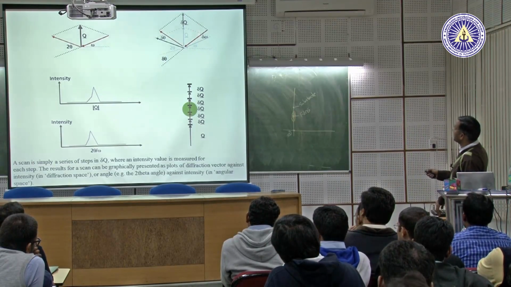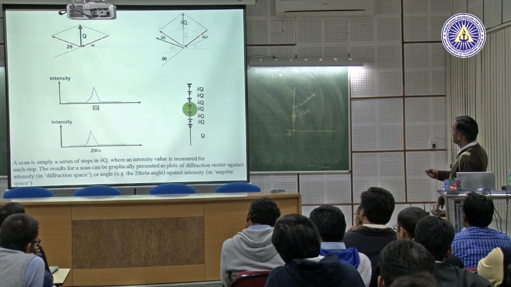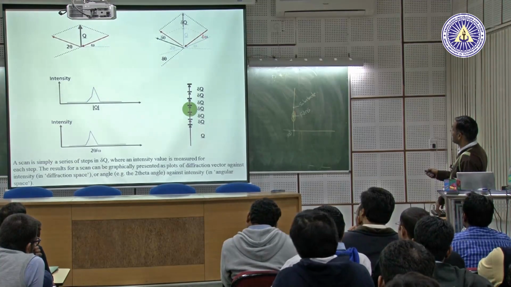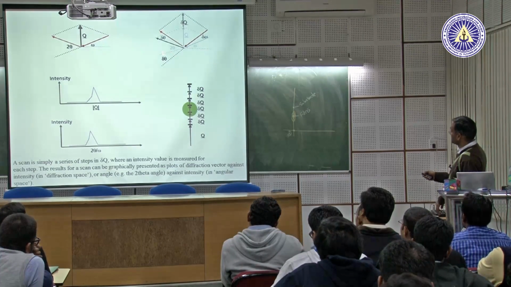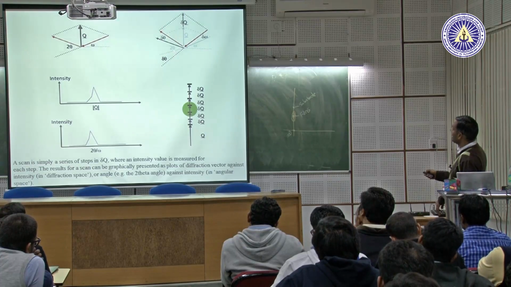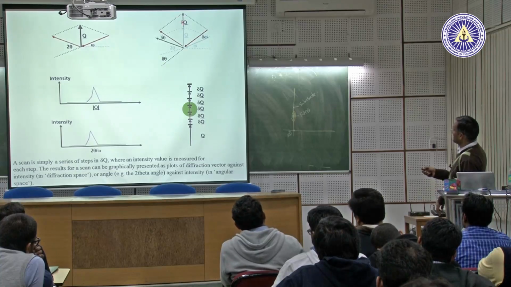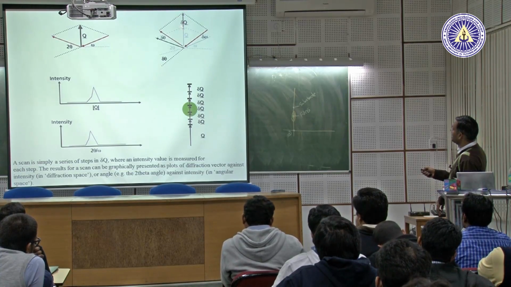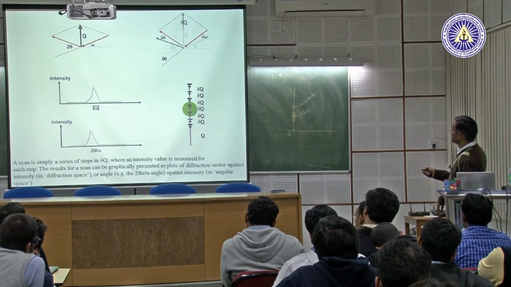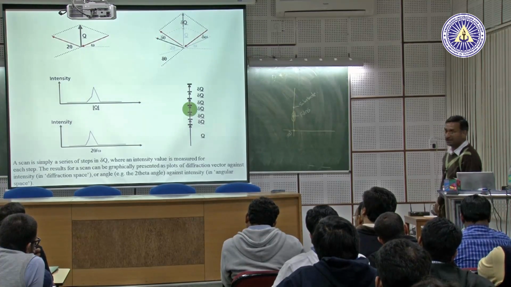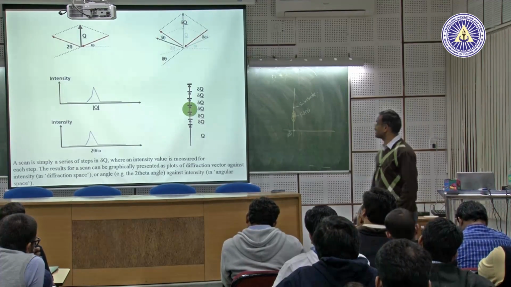What you do here is rotate this omega so that you have a tiny variation of omega, resulting in a tiny variation in 2 theta, which gives you a tiny variation in the q spot. Now, this is a symmetric scan, meaning that the variation in delta omega or delta theta results in variation in the q vector, which is delta q.